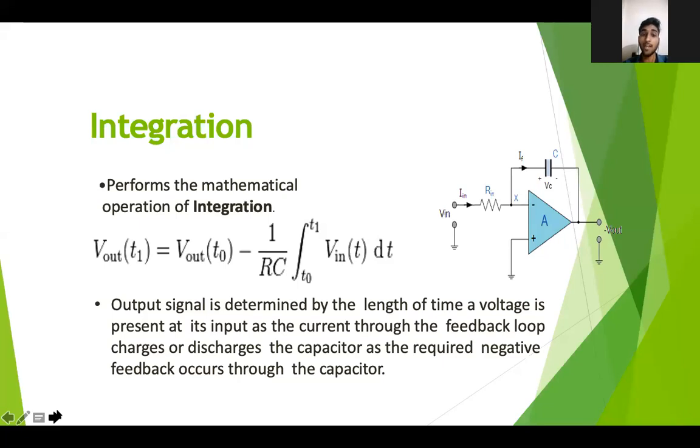So V output at the final time is given by V output at initial time minus 1 upon RC integration from initial time to the final time of V input at instantaneous time.